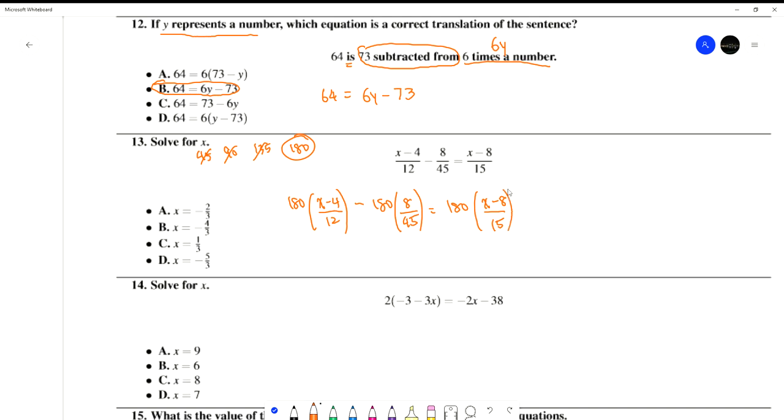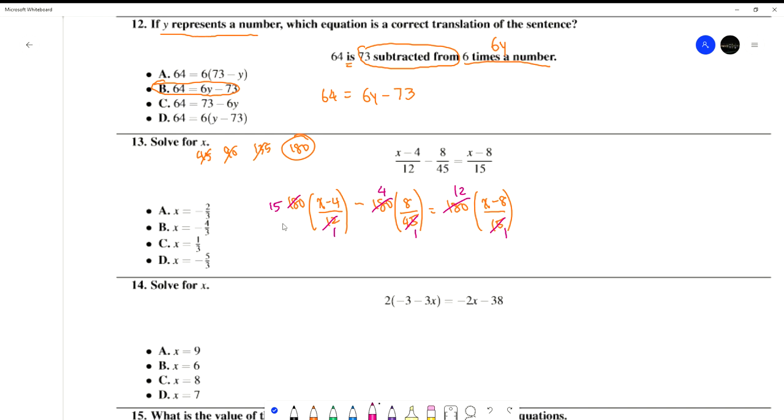Okay? The reason you do that is because you have to distribute the 180, right? So I wrote it out separately for you to see how this cancels out. 12 divides into 180 15 times, right? And 45 divides into 180 4 times. 15 divides into 180 12 times. So as you can see, we cleared the fractions.